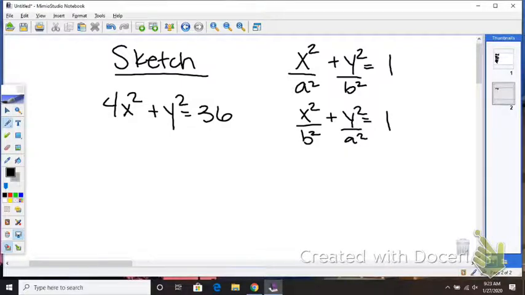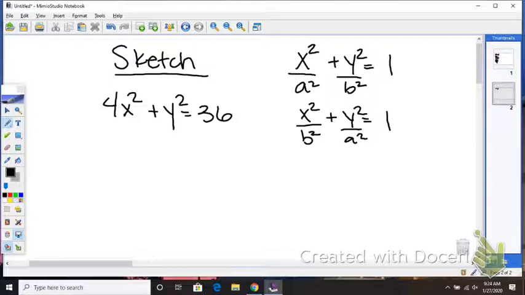What determines that? A is always biggest. Wherever your bigger number is, that's the major axis, for ellipses.